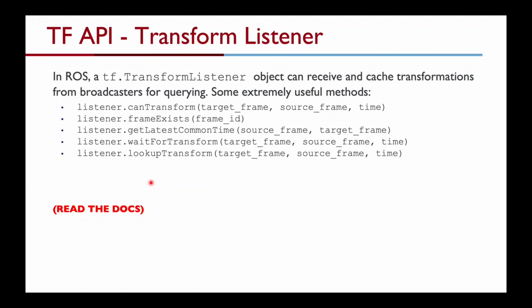They behave like topics that you can subscribe to, but they are dedicated API elements because some of them support additional functionality: you not only can listen, you can also look up if there's a transformation, and get the latest time between the source frame and the target frame and things like that. Again, I would point you towards the reference links I showed in the lecture for more information about incorporating these in your ROS nodes. We don't need to do this immediately, but as and when the need arises, I want you to know that such a thing exists.